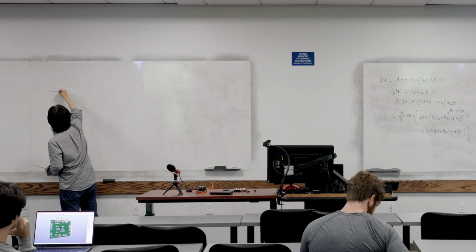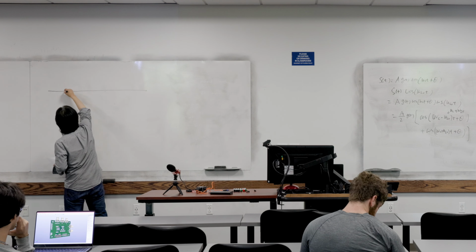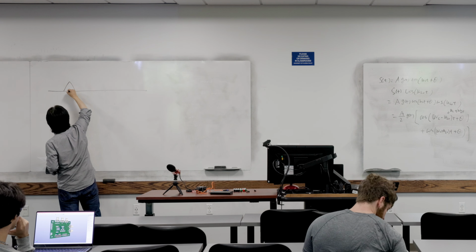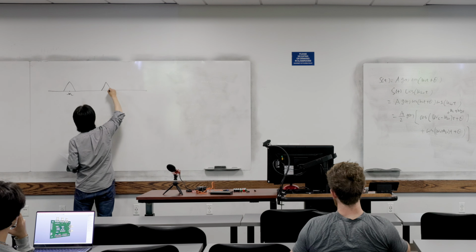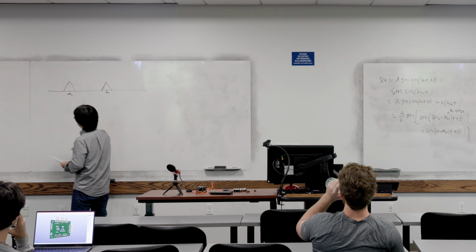Okay, so now let's assume that our signal looks like this. So this is the input signal. We have minus omega c here, and we have omega c here.